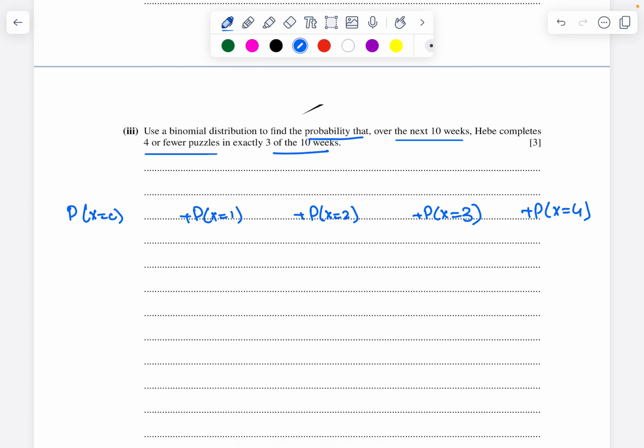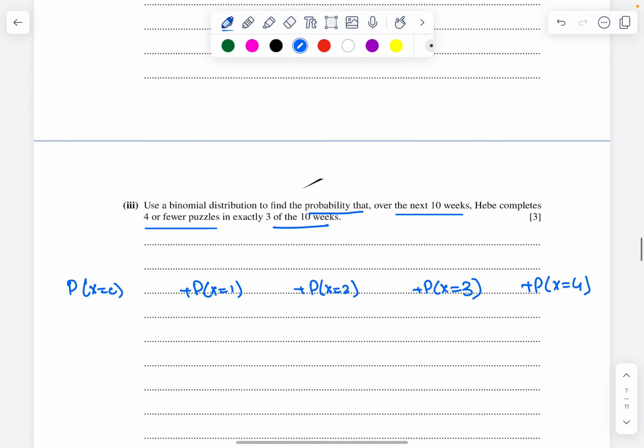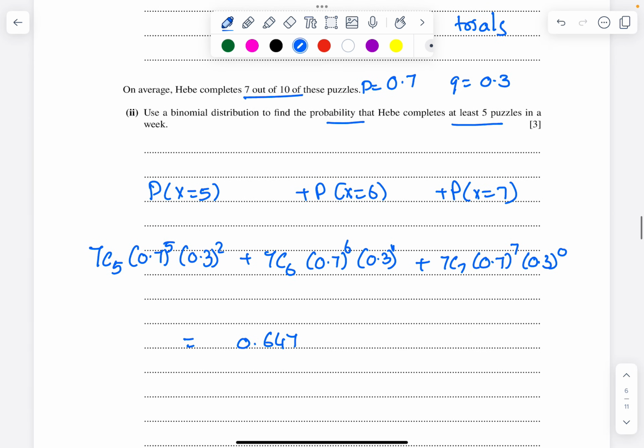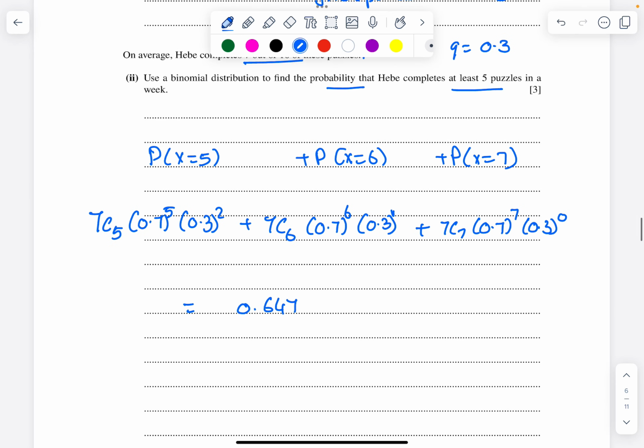So this entire thing, and exactly 3 out of 10 weeks. So what am I going to do for that one? Instead of doing all this, 4 or fewer puzzles is the complement of at least 5.